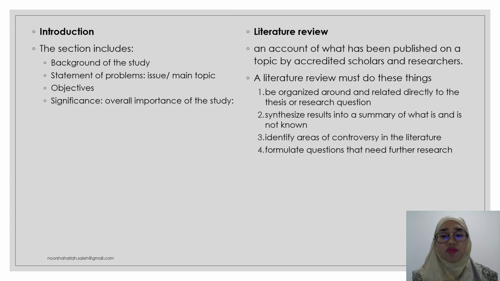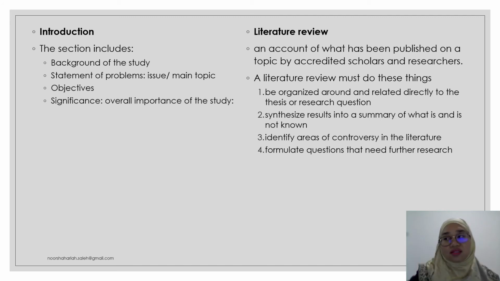So a literature review must do these things. One, be organized and directly related to the thesis or research question. If you learn about constructing a research proposal or title, you need to come up with research questions: the possible questions to answer at the end of the research.